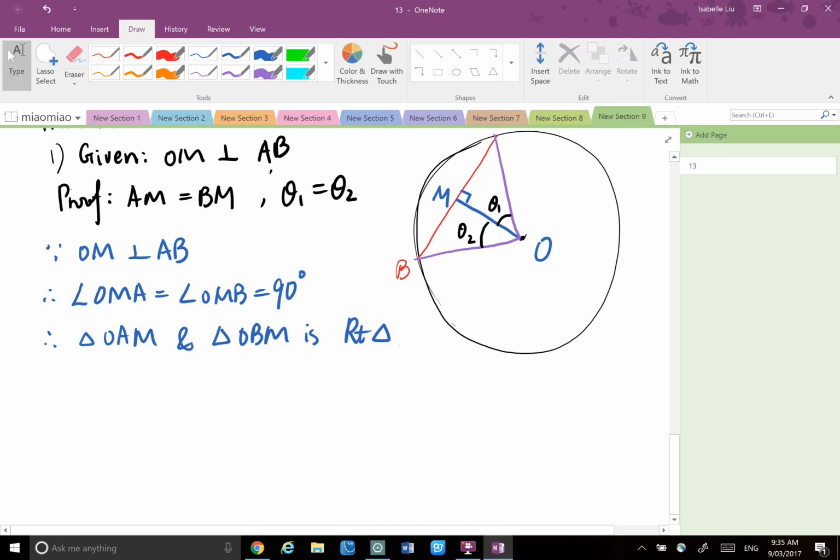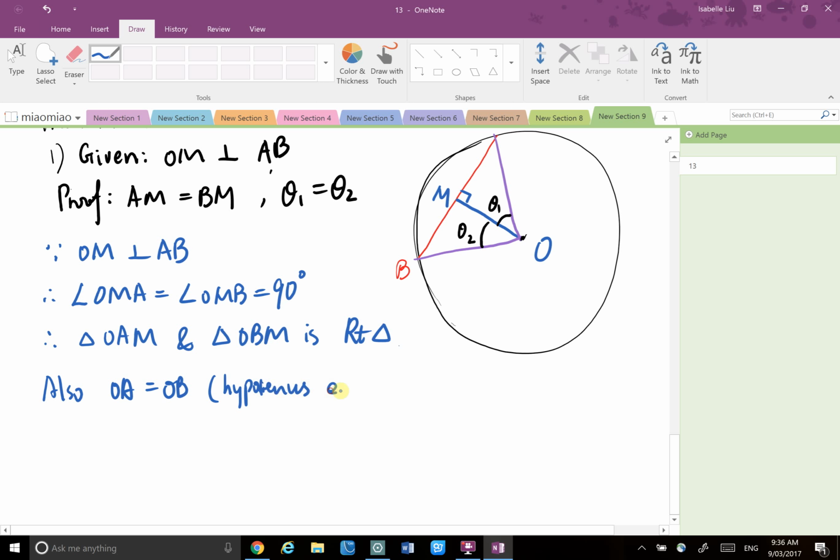Why do I need them to be right angle triangles? Because the next thing I will do is OA equals OB, so the hypotenuses are equal, because they are the radius.